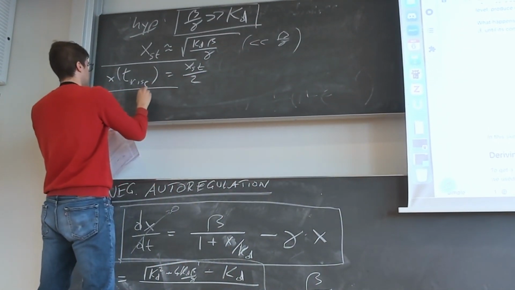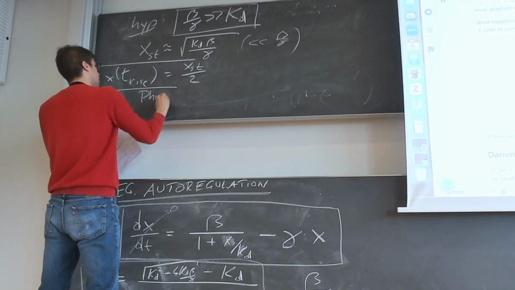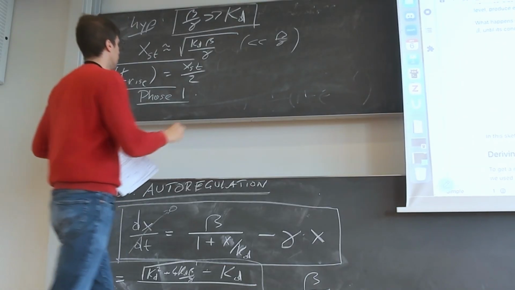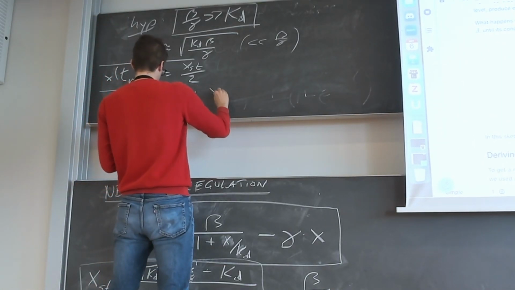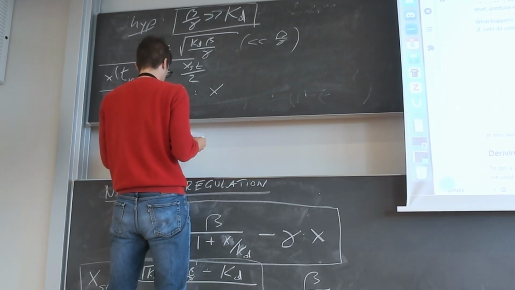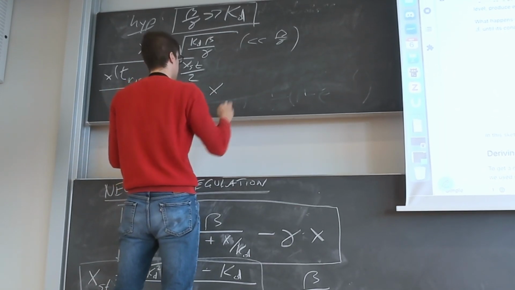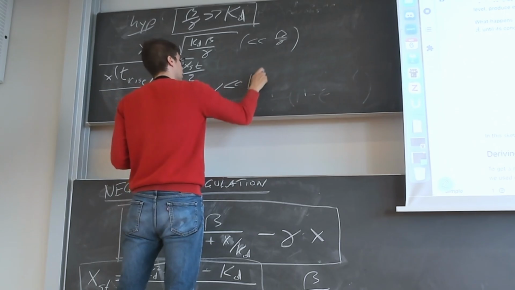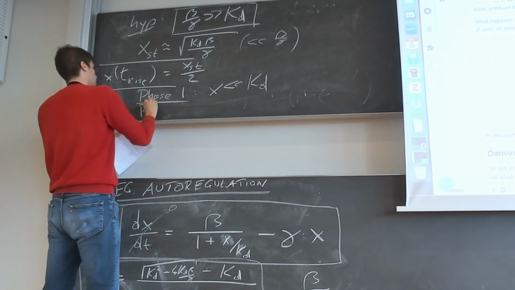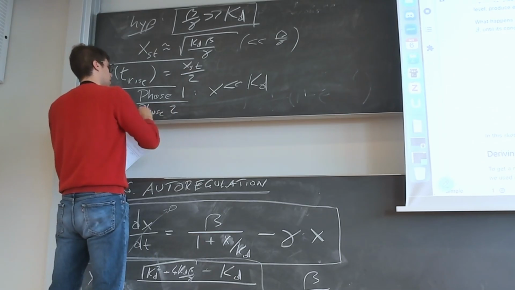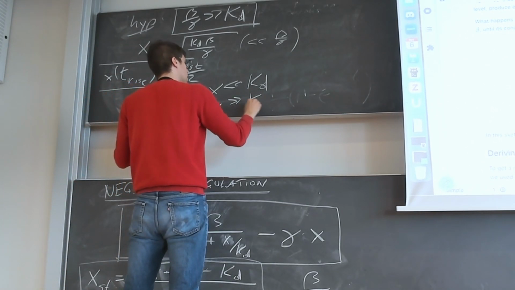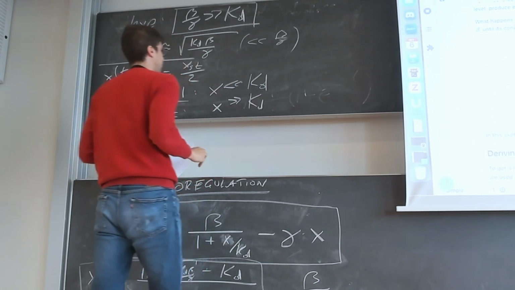So just to make this a bit more explicit, phase 1 is x being much smaller than kd, and phase 2 will be x being bigger than kd. And of course, there's a transition going on, but you can make everything precise here.